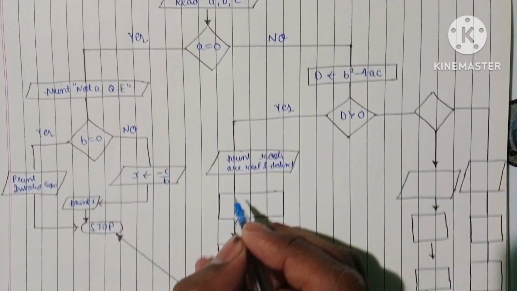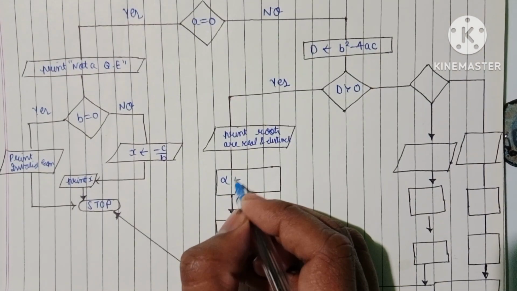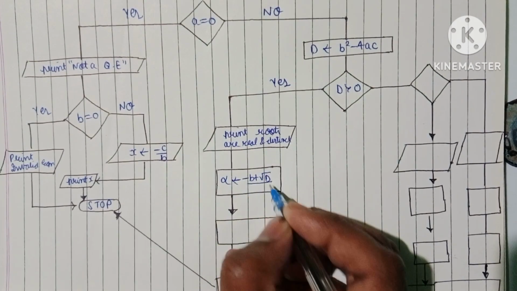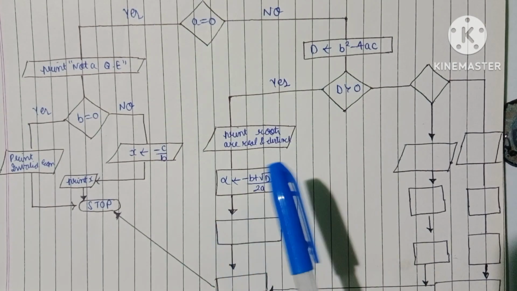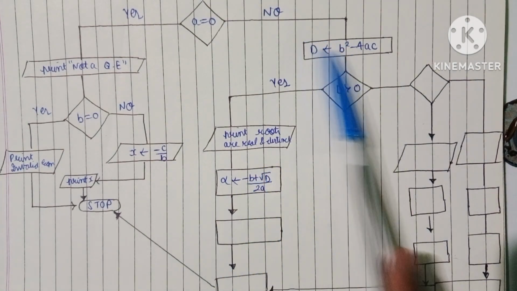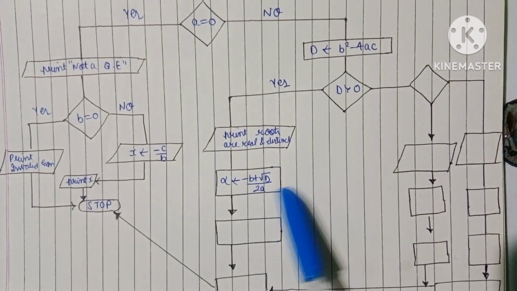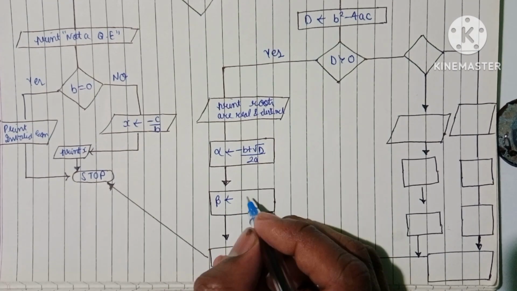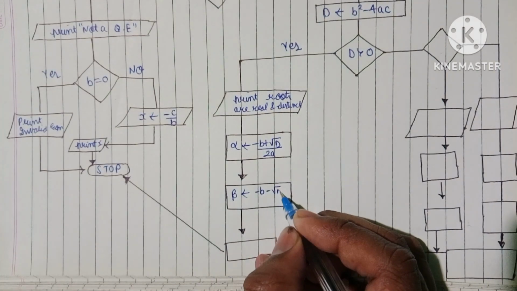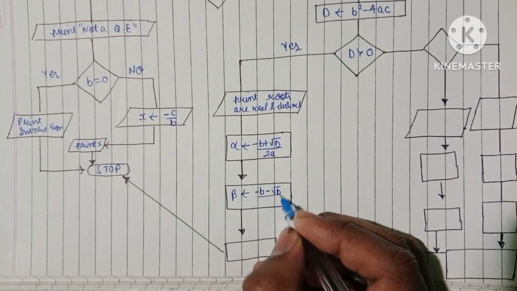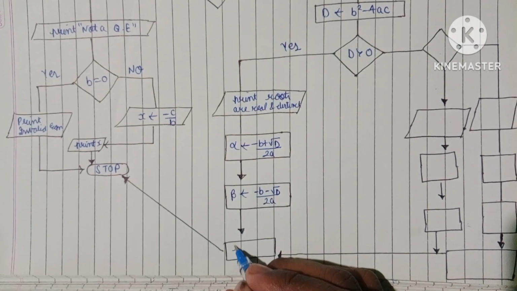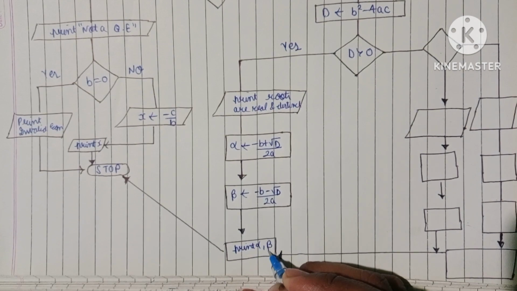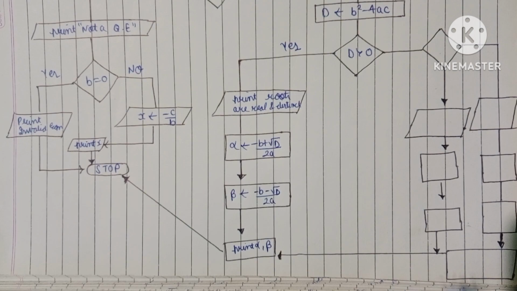And we just find the values, which is alpha equal to minus b plus under root of d upon 2a, which is minus b plus under root of d, meaning this discriminant value, upon 2 into a. Then beta is minus b minus under root of d upon 2a, and we just print the value of alpha and beta, and then stop the flowchart.